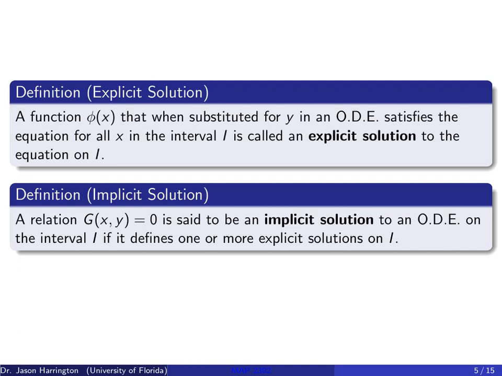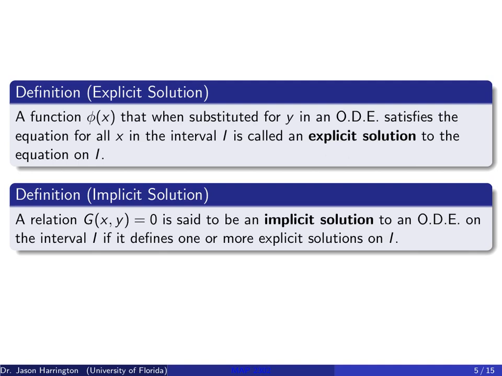All right, so now let's look at explicit solutions and implicit solutions. An explicit solution is a function that when substituted for y in the ODE satisfies the equation for all x in the interval I. So basically we have a solution that we can write in terms of x, and implicit is a relation g of x comma y that's equal to 0.